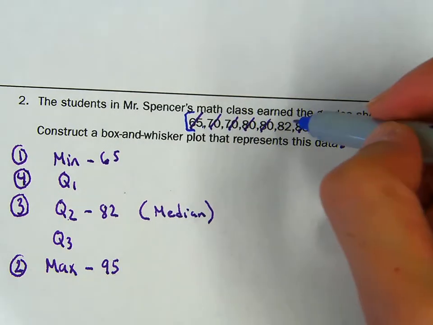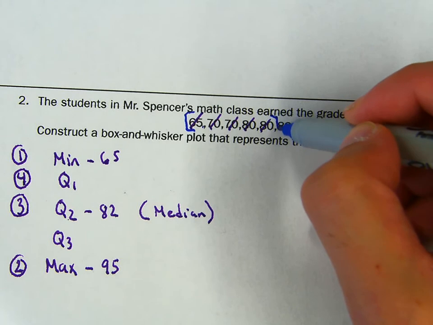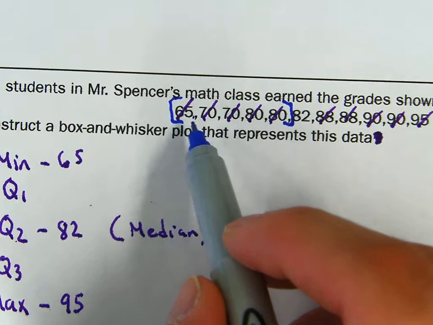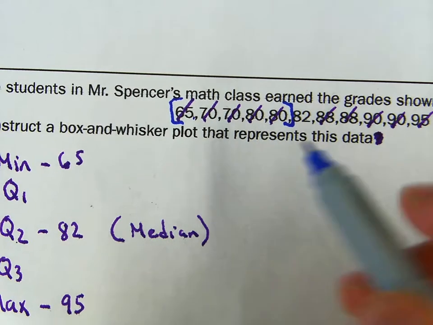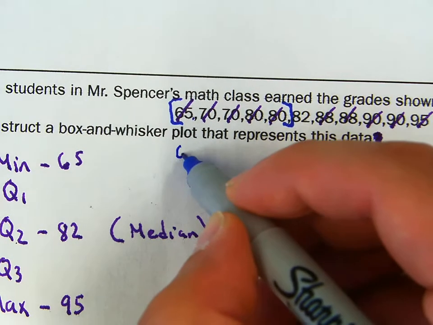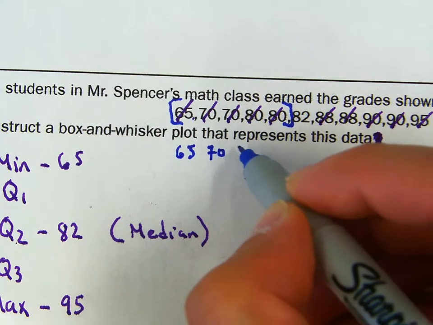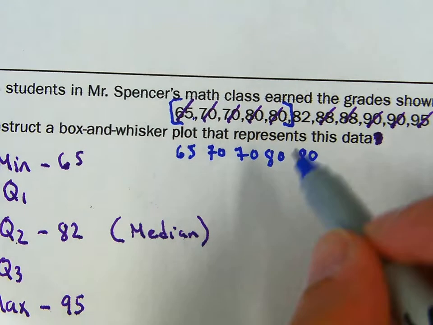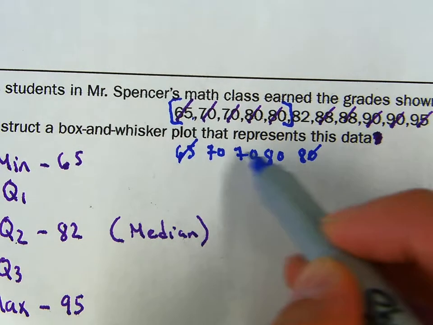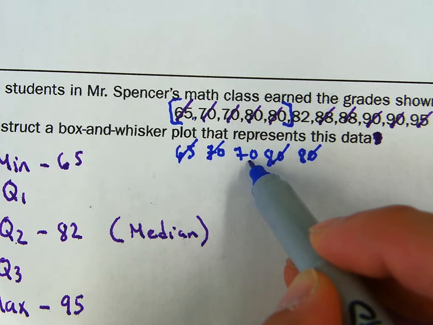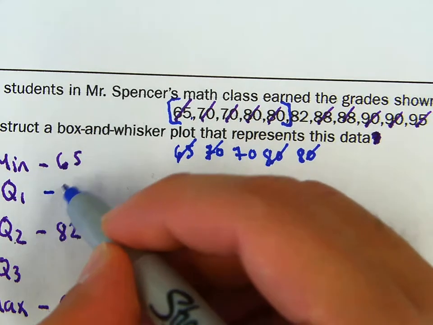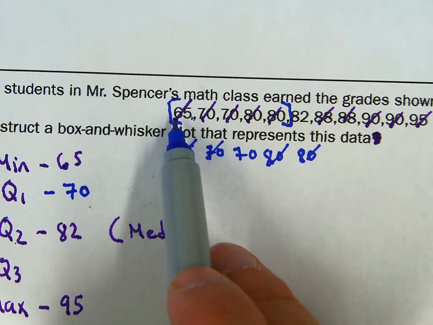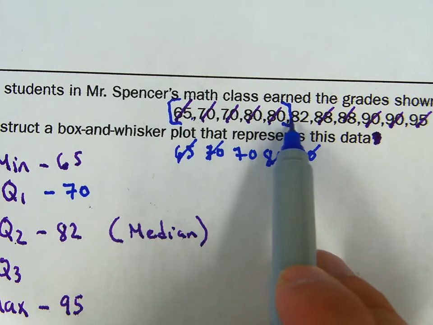And where is my Q2? This is Q2 over here. If I wrote it again, 65, 70, 70, 80, 80, you play your favorite game, cancel, cancel, cancel, cancel. What's my Q1? It will be 70. You're finding the median between the min and Q2.